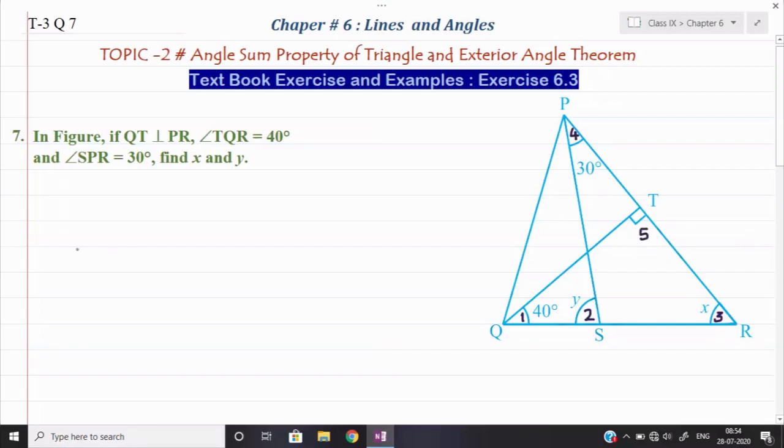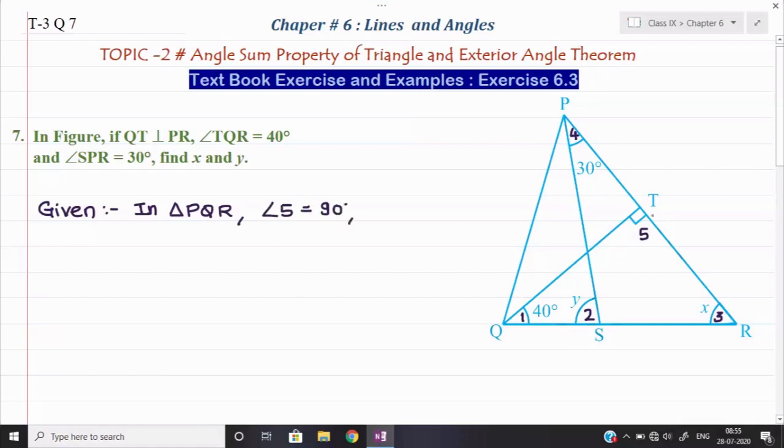Now let us write down the given things first. There are many things given to us. First of all, in triangle PQR, they are saying QT is perpendicular to PR. So perpendicular is given, basically we shall use it as a value of angle here. So QT is perpendicular to PR, or in short angle 5 is equal to 90 degrees. Second, angle TQR.